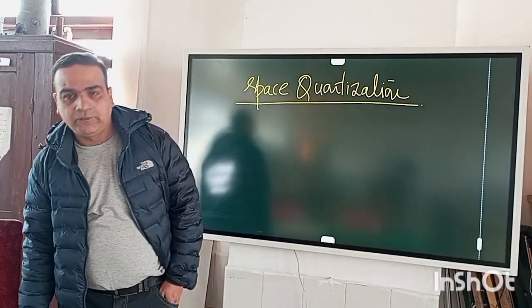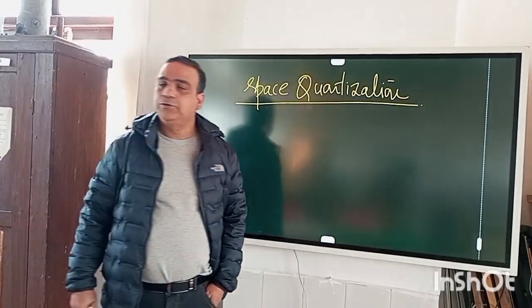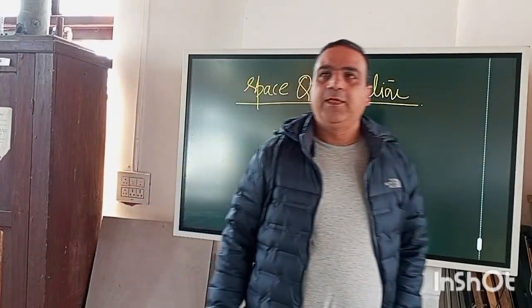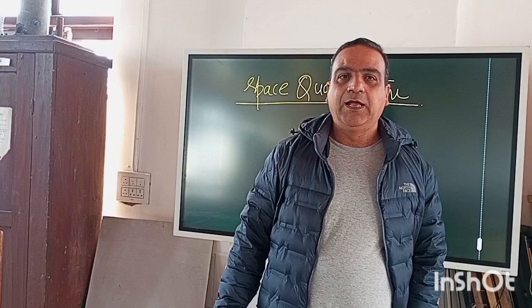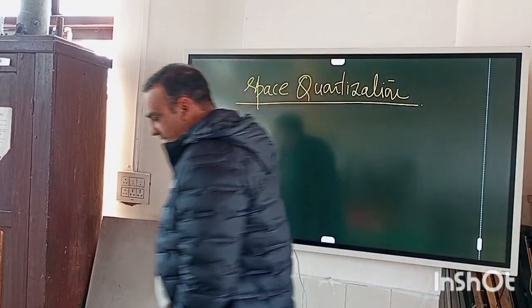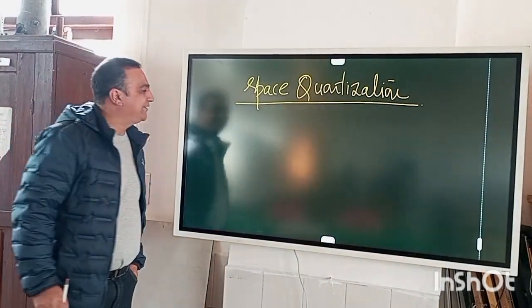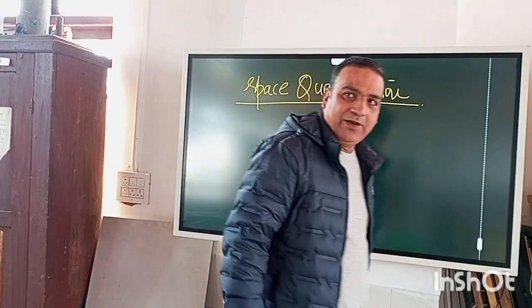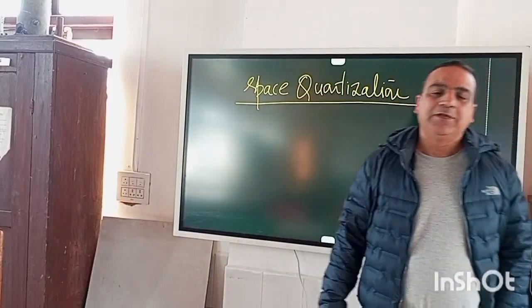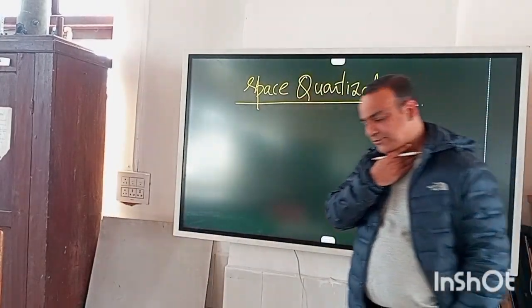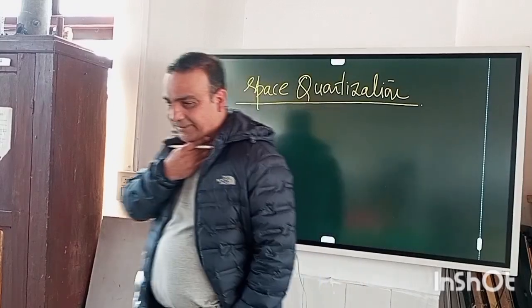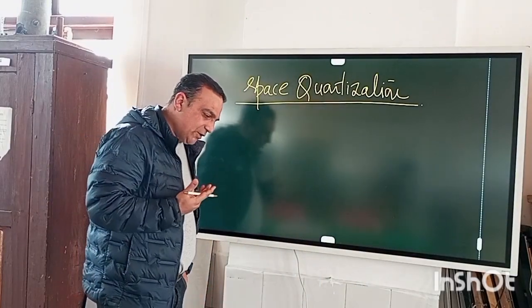A very good afternoon to all of you, and I'll be talking about space quantization. As we have already talked about in the previous lecture, I talked about the magnetic moment of an electron in a one electron system.